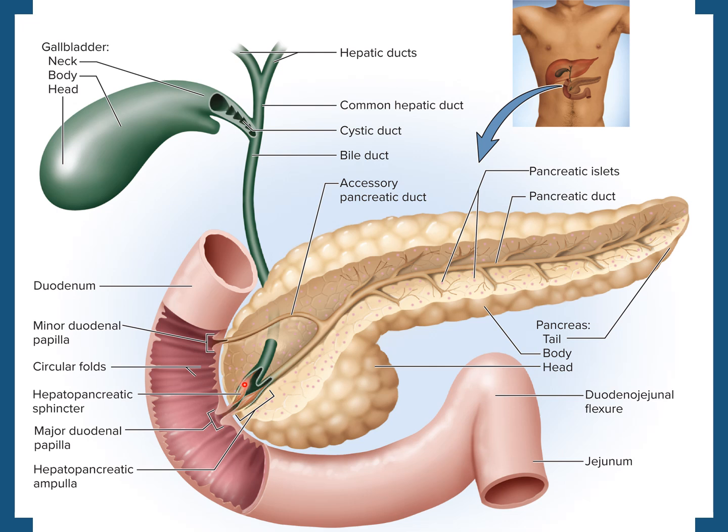And there's going to be that smooth muscle forming the sphincter, and then you'll see the major duodenal papilla that projects into the duodenum. And then up here we have that accessory pancreatic duct that bypasses that sphincter to allow the pancreatic juice to be released, even though bile will not be.